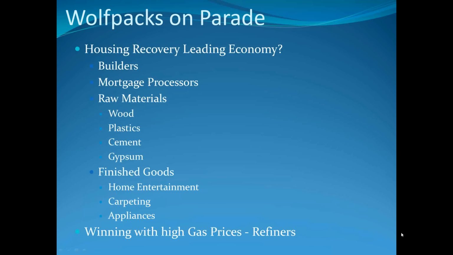So the first thing is I saw 2 wolf packs. Wolf packs are when you start to see clusters of stocks in the same sector or industry or the same business that are all moving at the same time. There are really 2 major wolf packs leading the market right now. Housing, although there may be some countercurrents over the last week, rising interest rates might be one countercurrent to be concerned about.